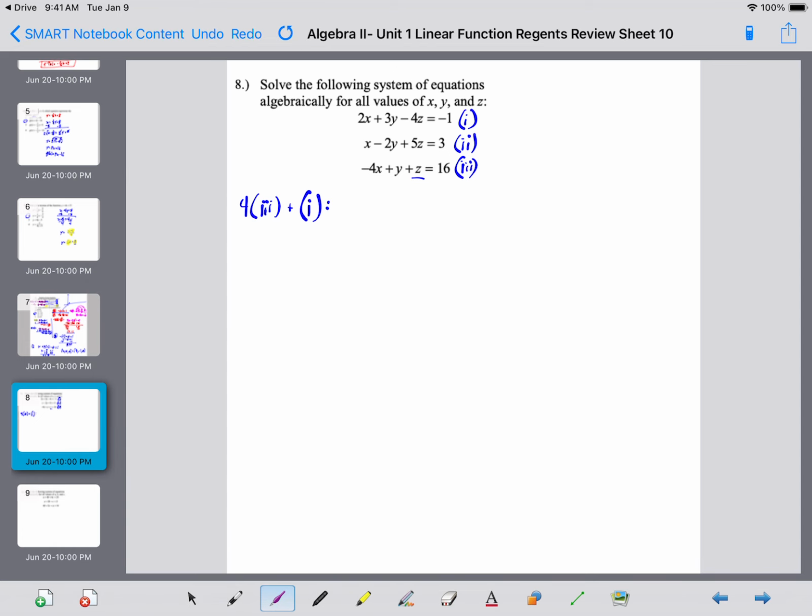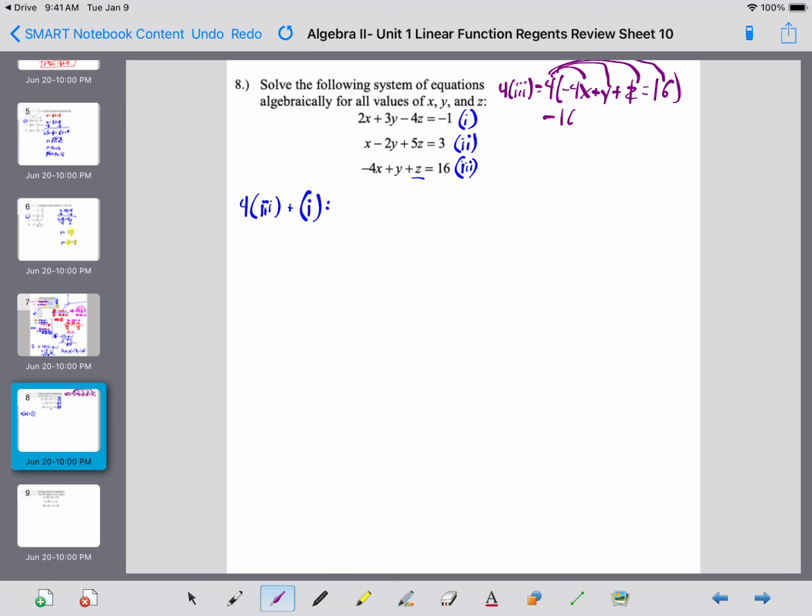So if you want to do that math in another spot, 4 times equation 3 would be 4 times negative 4x plus y plus z equals 16. Distribute that out to both sides of the equation.